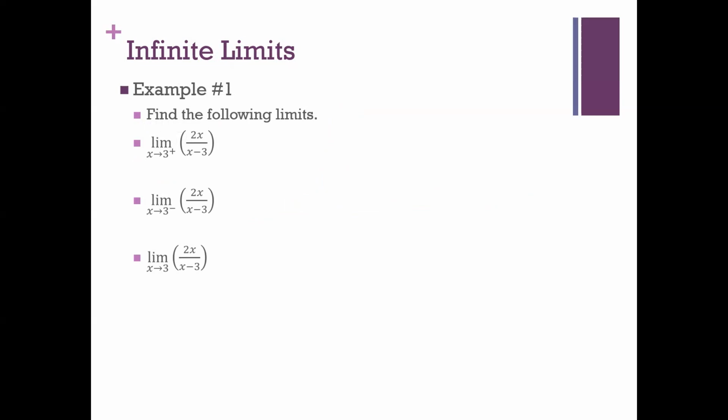For the first one, the limit as x approaches 3 from the right of 2x over x minus 3, how can we go about this? If we're tying it back into what we did last time, is this continuous at x equals 3?